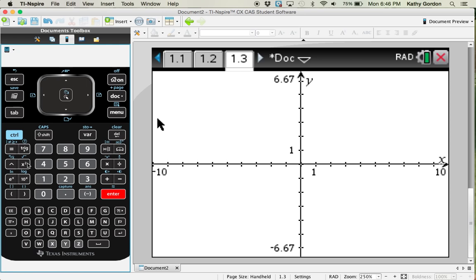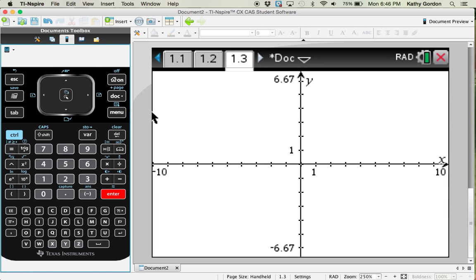You don't see anything. Nothing is showing up. What did I do wrong? Well, you didn't necessarily do anything wrong. Again, you're only seeing a very small part of your graph based on the kinds of numbers we were using. So you're going to need to go and make some adjustments.